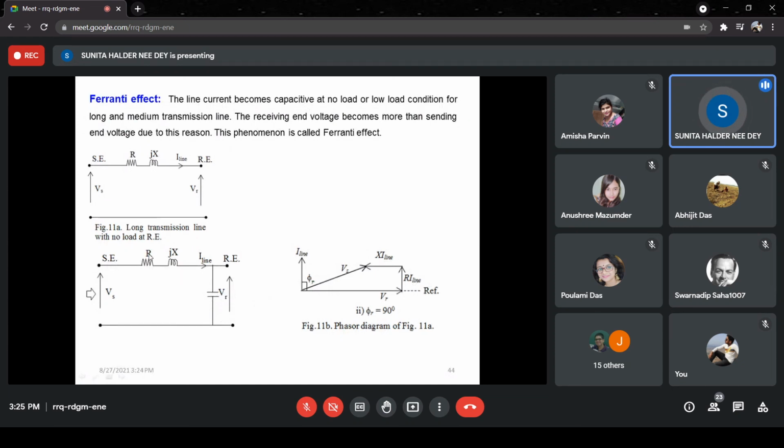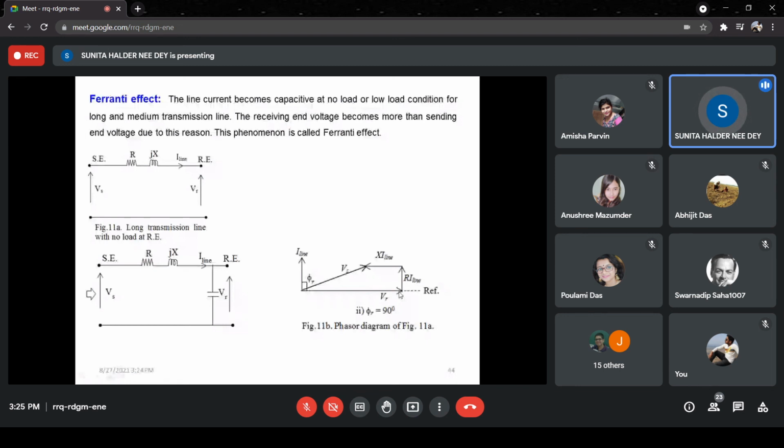What will be the drop in this line? The line current is more or less 90 degrees leading due to this capacitor. This line current drop across the resistor, in addition to the reactance, will make Vs lesser than Vr.